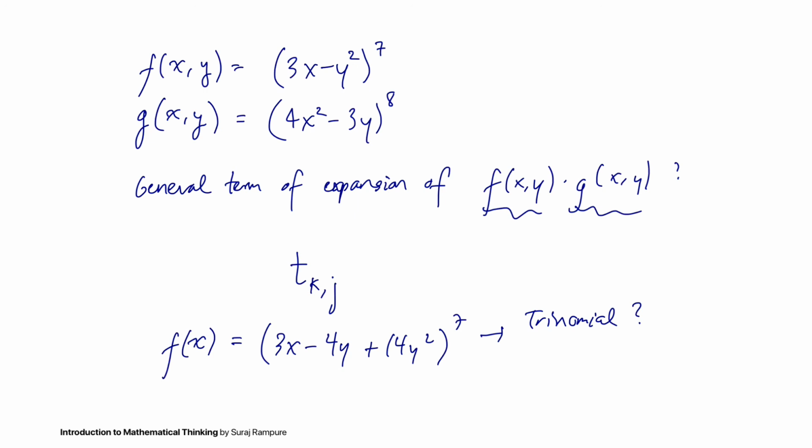Okay, so one initial idea is to pretend that 3x - 4y is one term, and we just pretend that's a box. Then we're just looking at the expansion of (box + 14y^2)^7. You can definitely do that, but then for each of those 8 terms, you'll have to do the expansion of whatever's in the box. So you'll have a nested binomial expansion. That gets a little messy. So you can actually extend the binomial theorem to trinomials and, in general, multinomials. But we'll talk about that more next week.